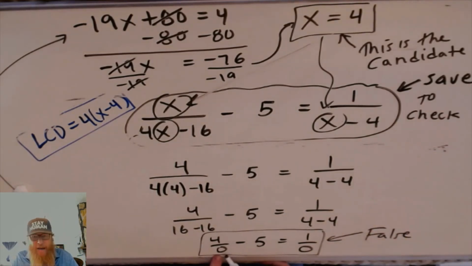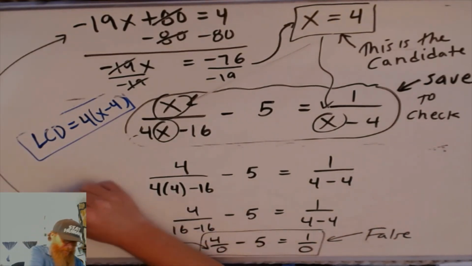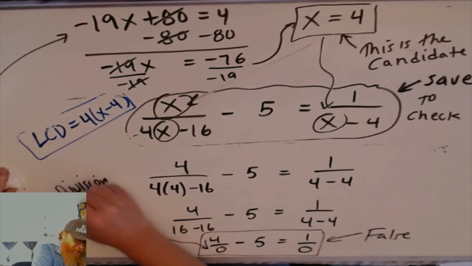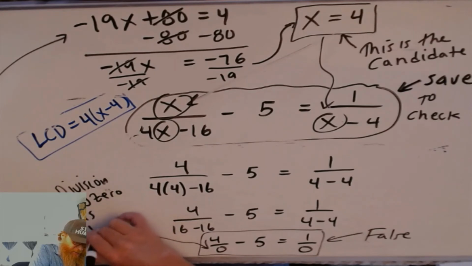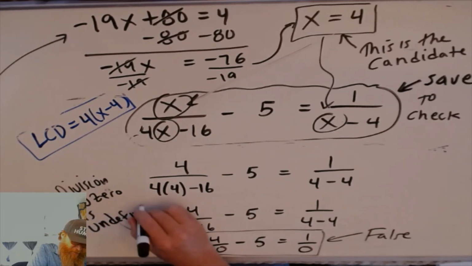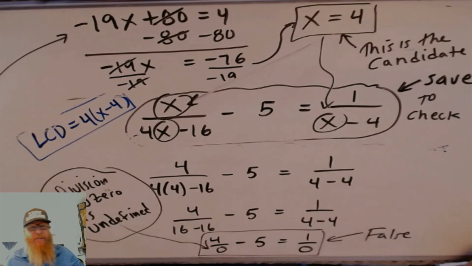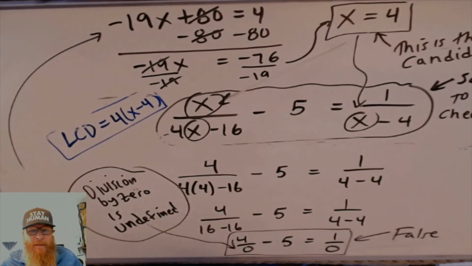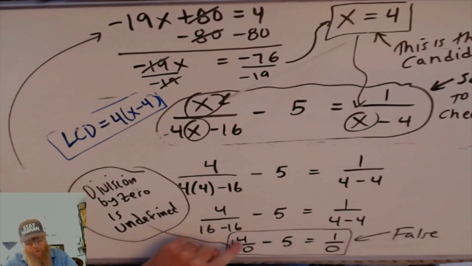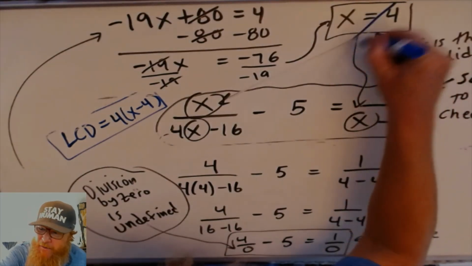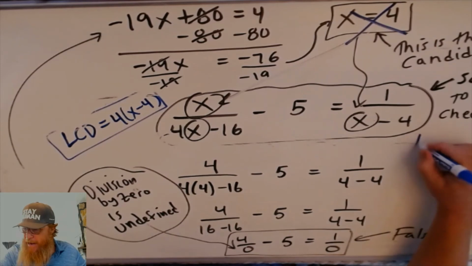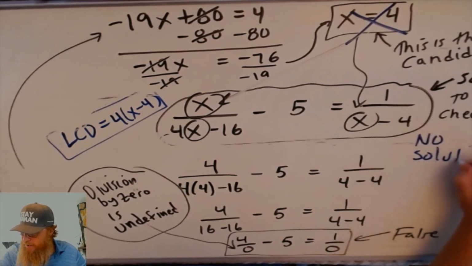You cannot divide by 0. Division by 0 is undefined. Or you could just think of it as illegal. So this is false. 4 divided by 0 minus 5 is equal to 1 divided by 0. This is false. And so that means that this problem has no solution.